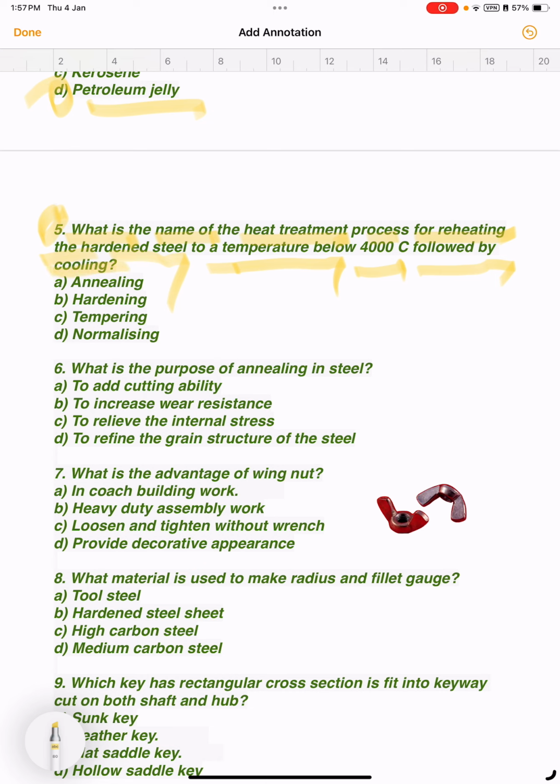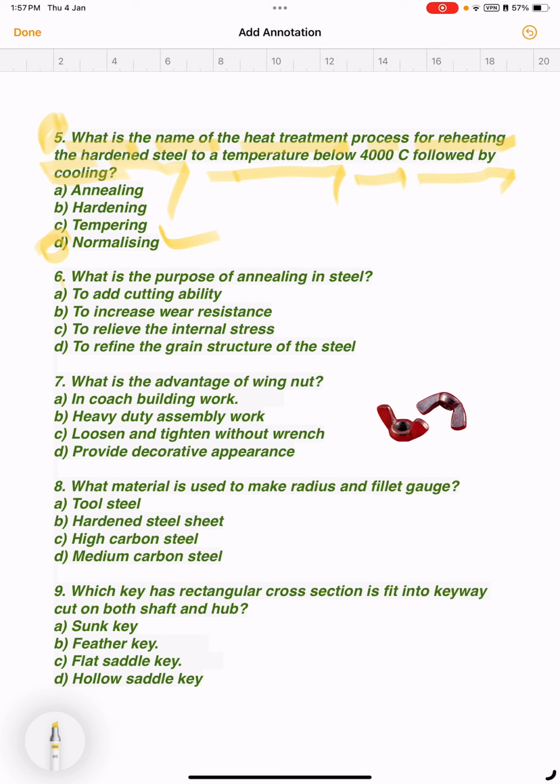The options are annealing, hardening, tempering, normalizing. Answer is tempering.